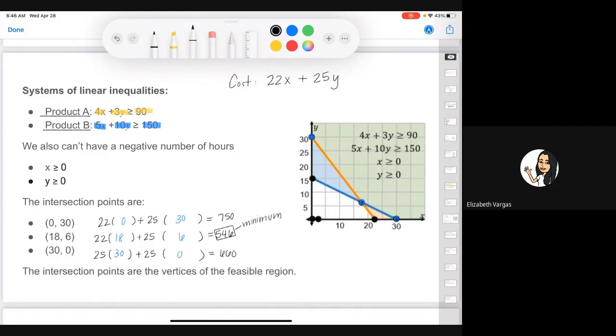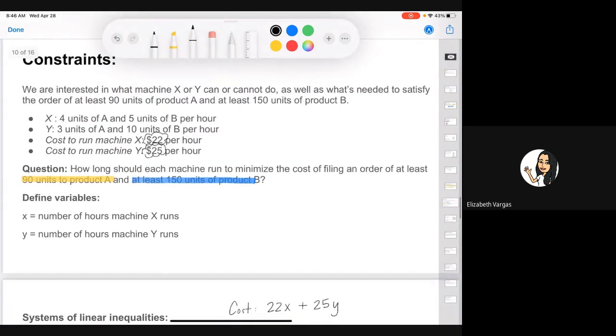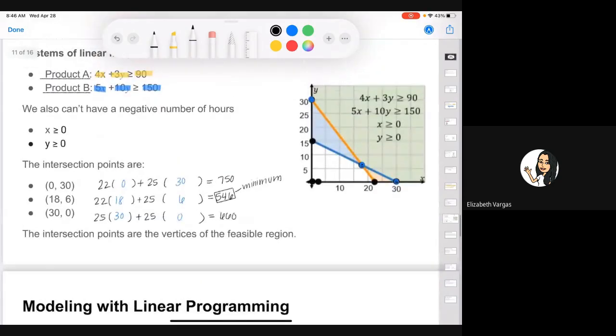Again, I'm trying to find what is my minimum cost. How long should each machine run to minimize the cost of filling an order of at least 90 units of product A, and at least 150 units of product B. So this is my minimum. And so that tells me that the minimum cost is $546 and occurs at 18 and 6.